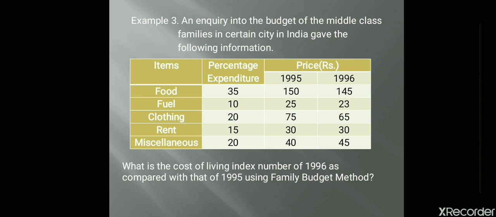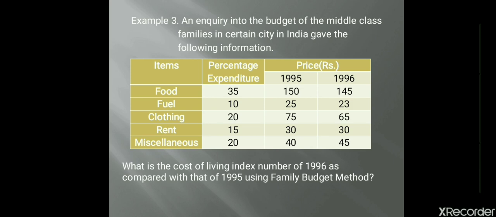Students, if you observe the complete data given in the table, we can guess prices of 1995 and 1996 in the last two columns can be noted as P0 and P1 respectively, because among the two given years 1996 is the latest year which we treat as current year and 1995 as base year.